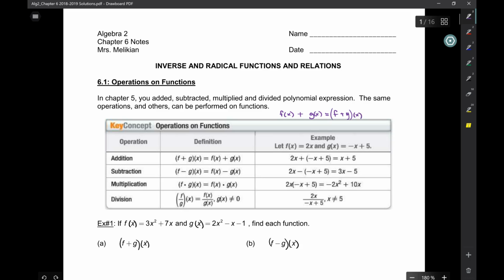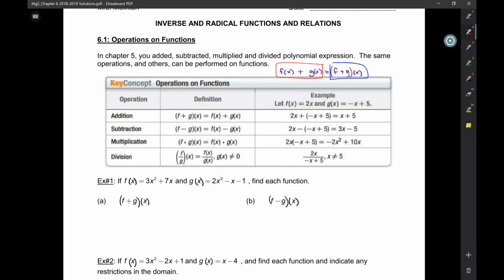So rather than f of x plus g of x, the more expanded form, I could write it in a more concise abbreviated form, f plus g of x. So whether you have this notation or this notation, those two mean the exact same thing. It's just a different way of writing it. Whether you say you're 17 years old or 13 plus 4 years old, same exact information, okay?